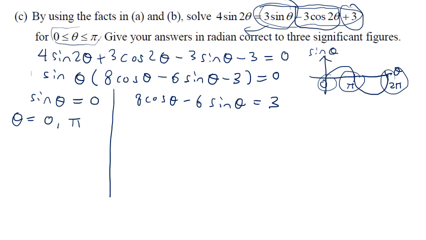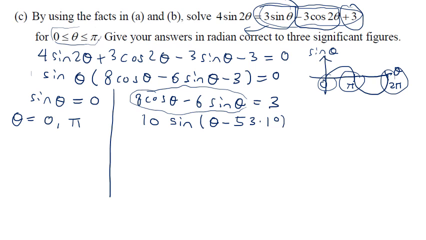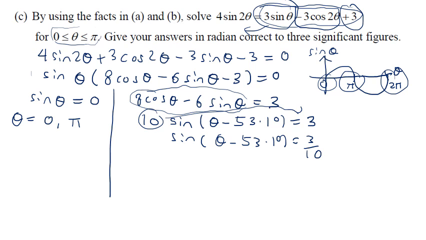Also notice that this one we actually calculated in part B. That is, it is equivalent to R, which is 10, sin of theta minus alpha, that is 53.1 degrees, equals 3. So bring 10 to the right side: sin of theta minus 53.1 equals 3 over 10.